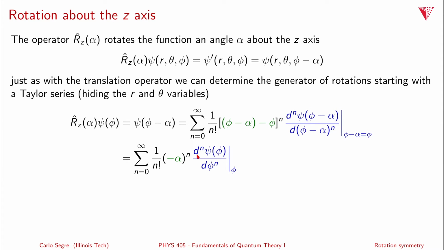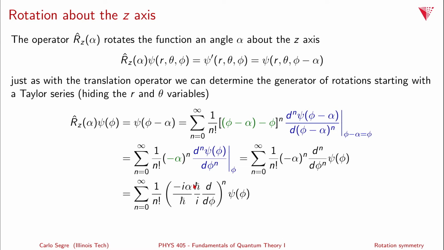So then you have the nth derivative of psi of phi with respect to phi, all evaluated at phi. Well, because it's evaluated at phi, we can simplify this a little bit further and write this as a sum from n equals 0 to infinity of 1 over n factorial, minus alpha to the nth power, the nth derivative with respect to phi of psi of phi.